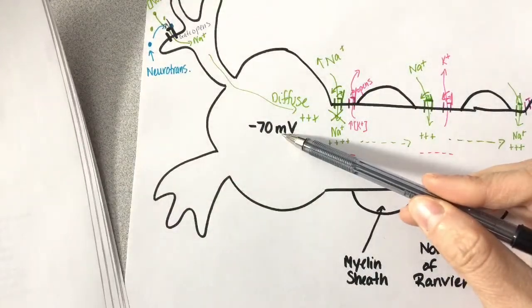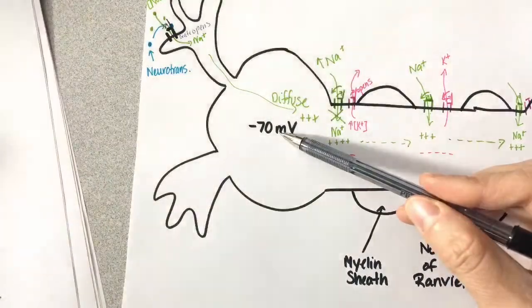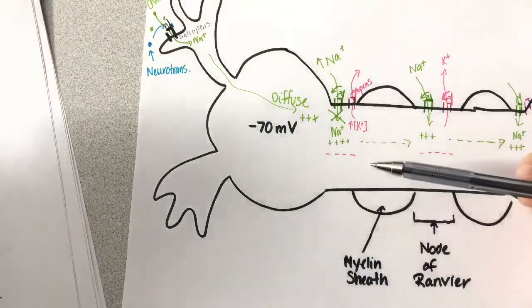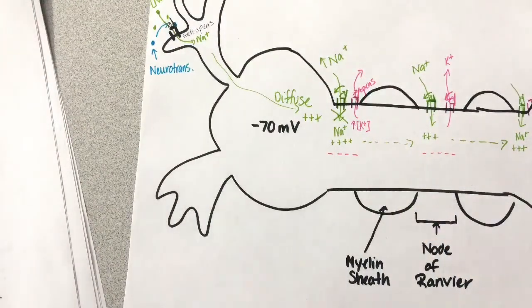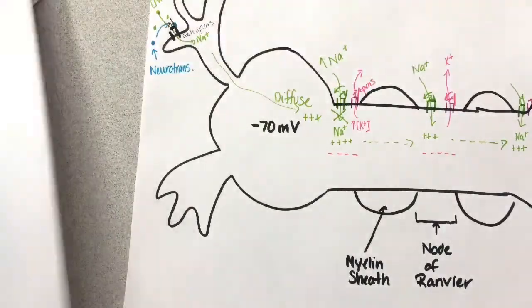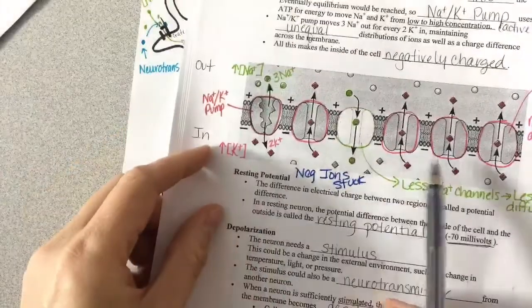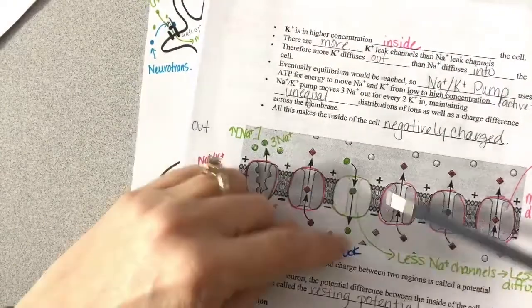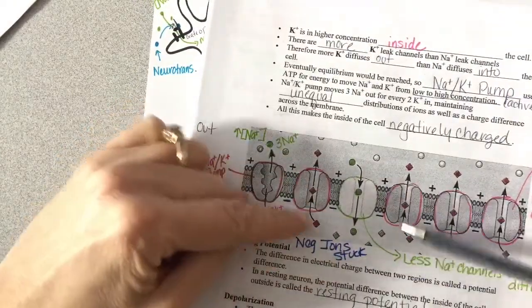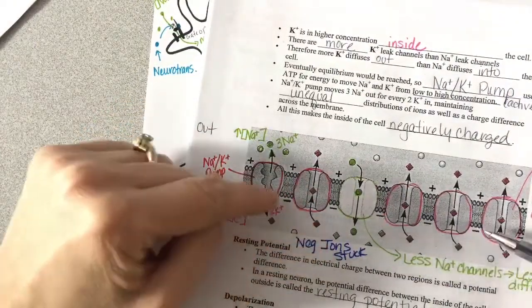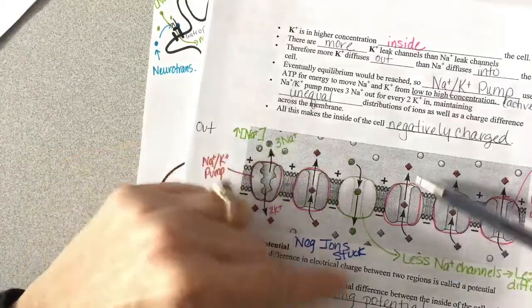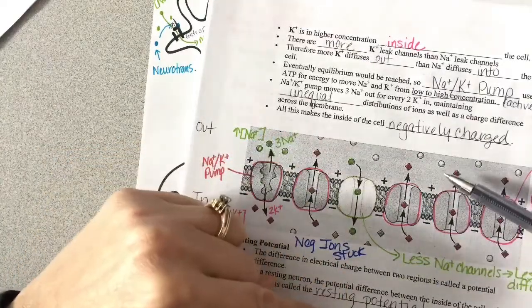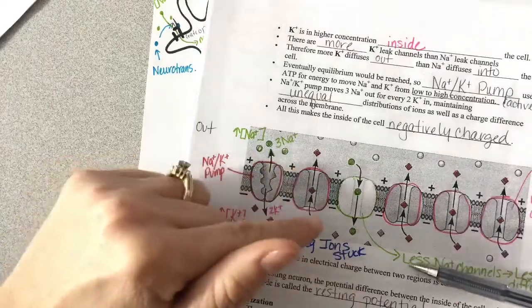How it returns to negative 70 has to do with what we've talked about previously in the notes, which was this part. You also have channels in the membrane that allow sodium and potassium to diffuse from high to low concentration, so they will diffuse back to where they were.